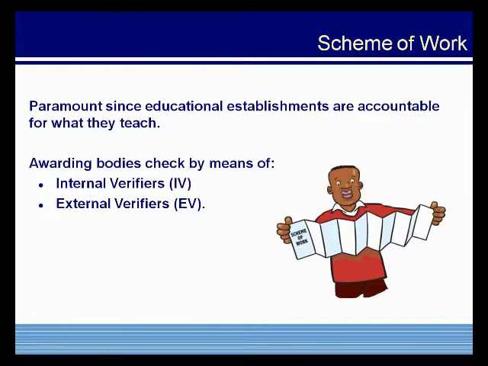Scheme of work. This is paramount since education establishments are accountable for what they teach, and awarding bodies check the scheme of work by means of internal verifiers, IV, and external verifiers, EV.